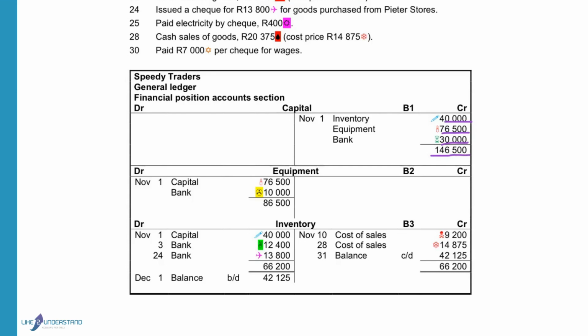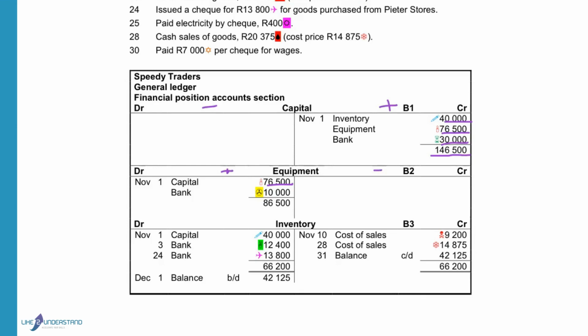Capital will always increase on the credit side and decrease on the debit side because equity increases on the credit side. Then the equipment account will be debited with the value of the equipment because equipment is an asset and assets increase on the debit side and decrease on the credit side.